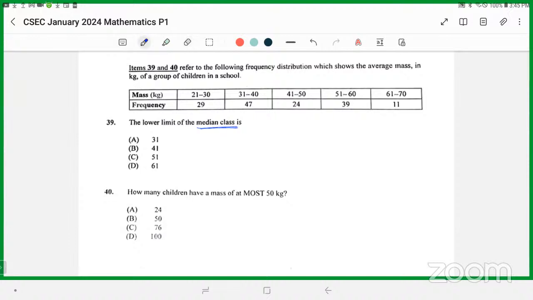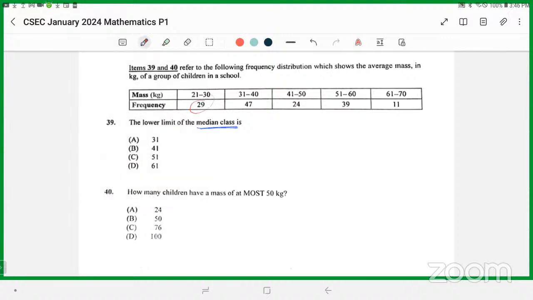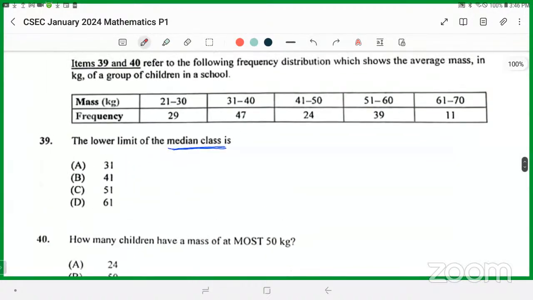We have to add up the data and see how much data we have. So we have 29 here. Let's put in a counting row, not the fx column.